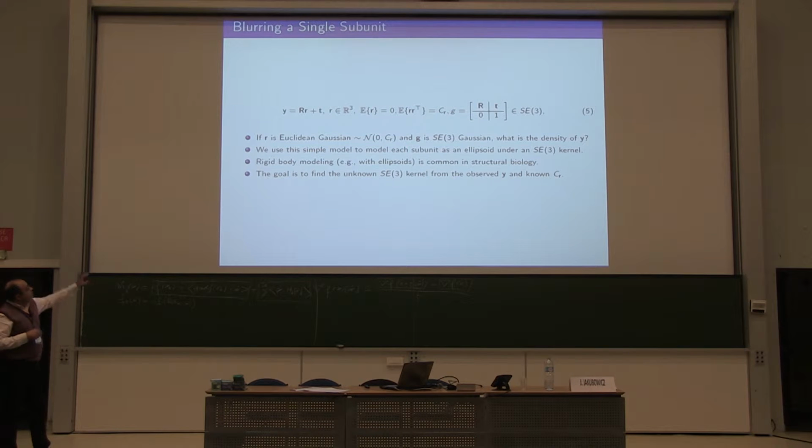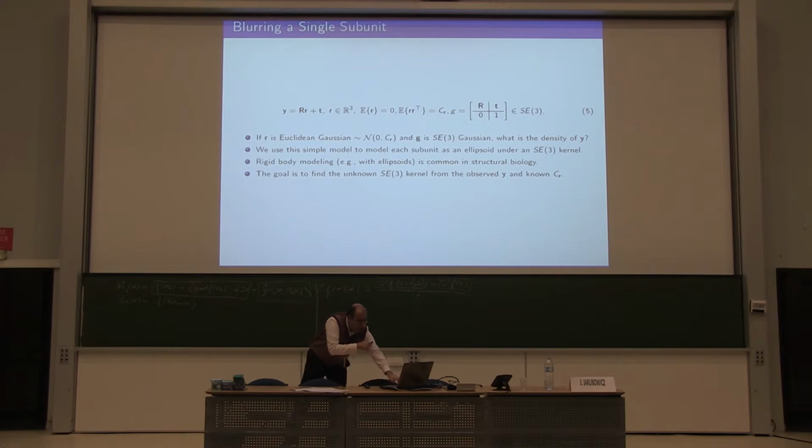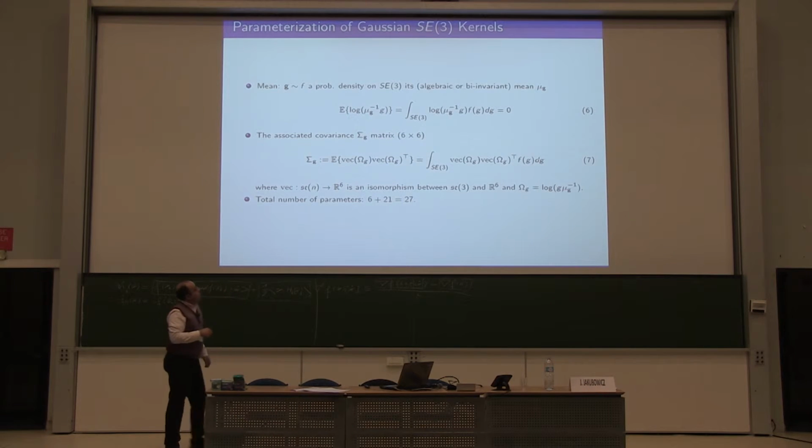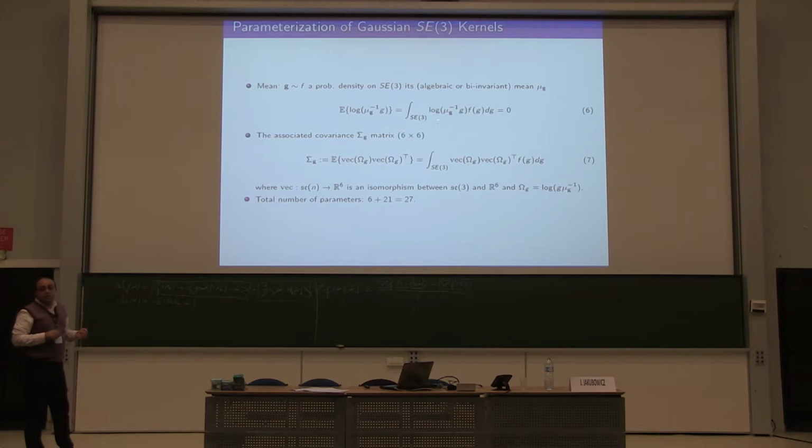This is the starting point, and then what we do is we try to parameterize the probability density, the kernel that we have on SE3, through its mean and covariance. This is the algebraic or bi-invariant mean, which you define as a point mu g where the expectation of the logarithm of mu g inverse times g becomes 0.